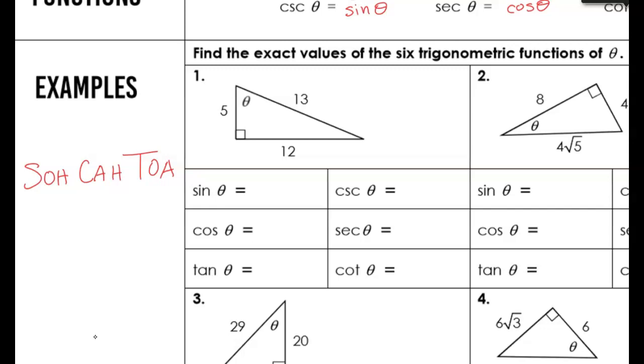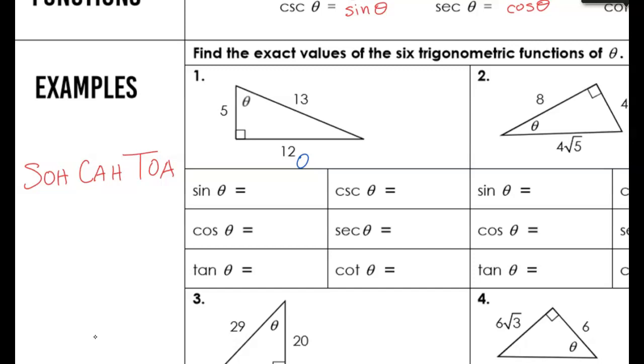The first thing I do after writing SOHCAHTOA down is look at my triangle and relate my sides. So, theta being in that upper right angle, where is my opposite side from theta? It's the side across from theta, the side not touching that angle at all. 12 is our O. Where is our adjacent side?